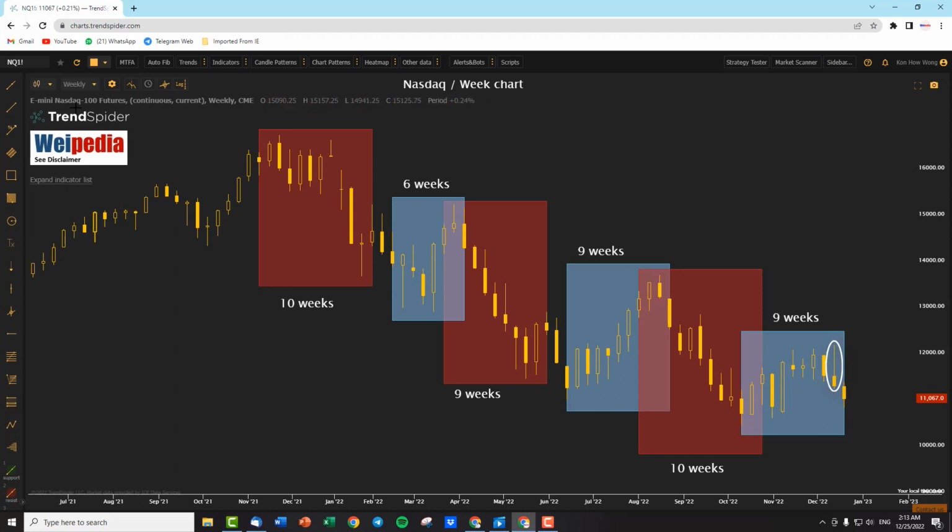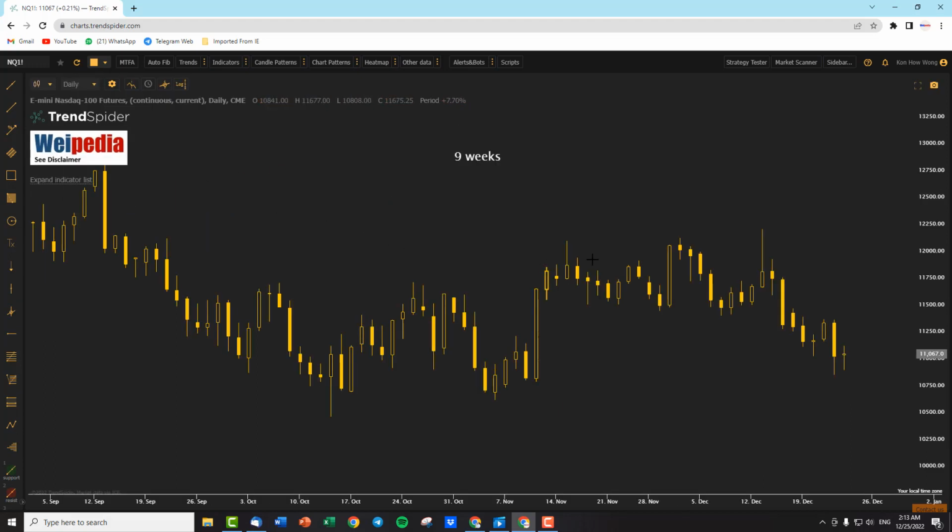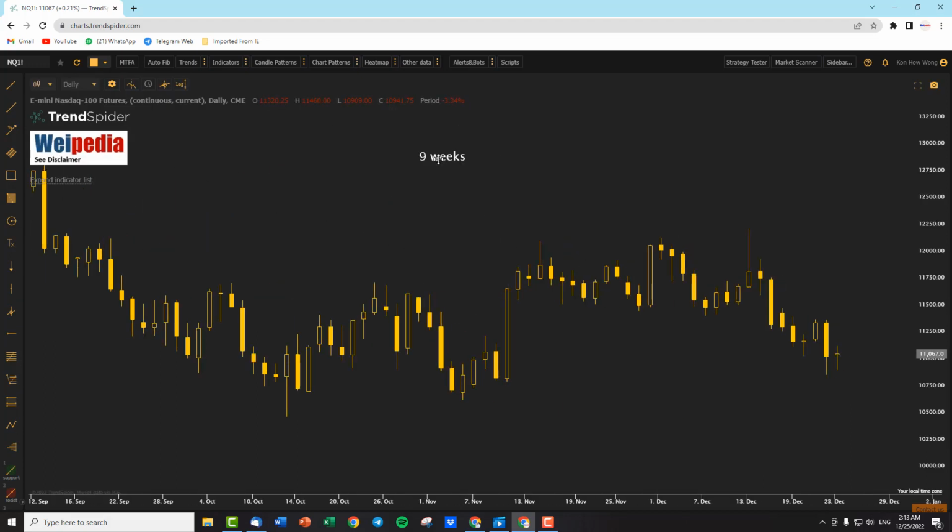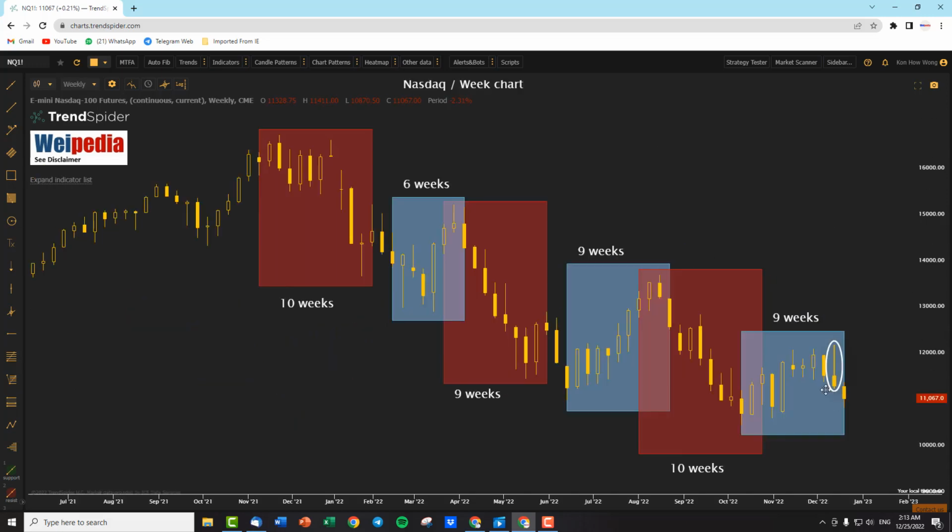Now, let me bring you to the daily chart. That's the point that as a short-term trader, the profiling type, holding period between 2 days to 3 months. Now, 2 days, this is a daily chart. As we look into the daily chart, that's a weekly, we saw an inverted hammer.